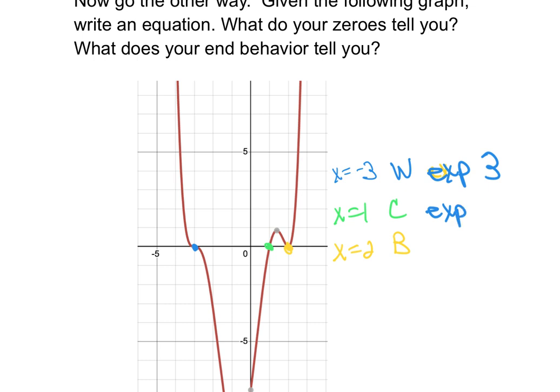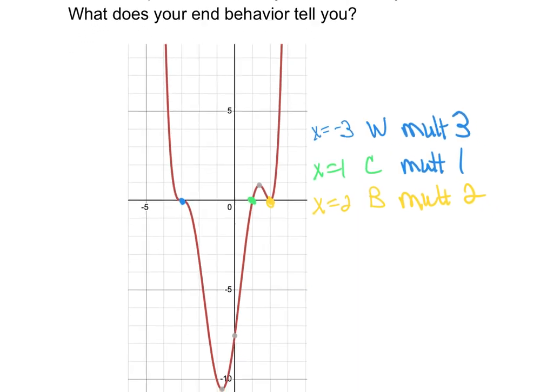To make it cross, we would have an exponent of 1, or a multiplicity. Technically, we could call it a multiplicity of 1. Let's go ahead and use that correct vocabulary here so that we are consistent. So it would be a multiplicity of 3 and a multiplicity of 1. And then to make it bounce means that we would have a multiplicity of 2.